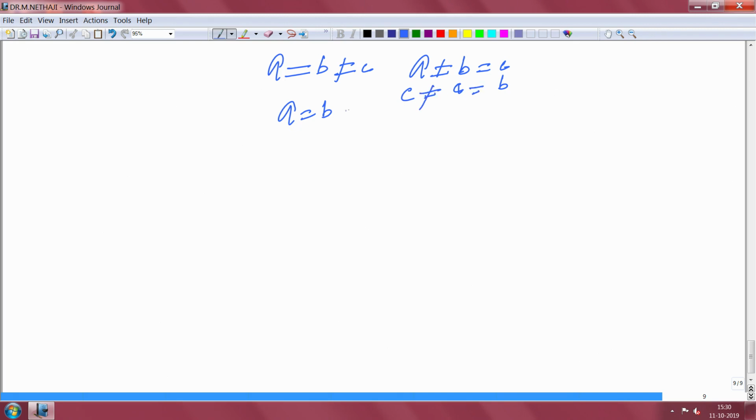So we can call it A is equal to B not equal to C, and alpha is equal to beta is equal to gamma is equal to 90. This is nothing but a tetragonal system.